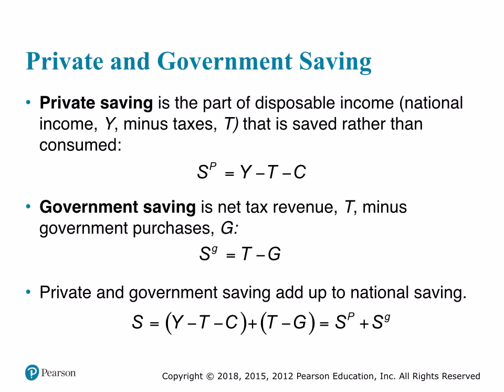There are also two important components of national saving: private saving and government saving. Private saving is the part of disposable income that is saved rather than consumed. The private saving is done by either individuals, meaning the consumers, or the corporations.